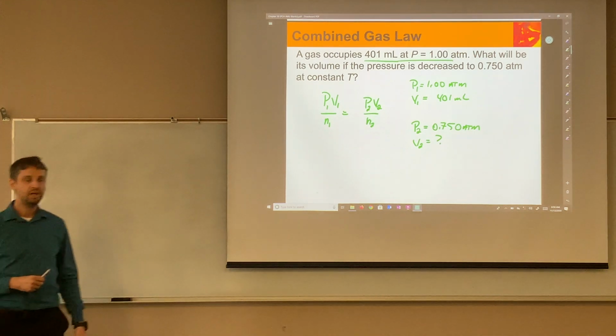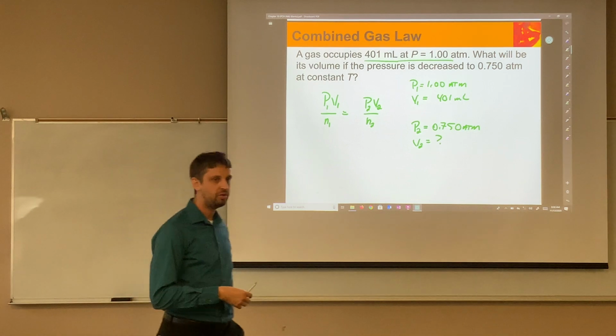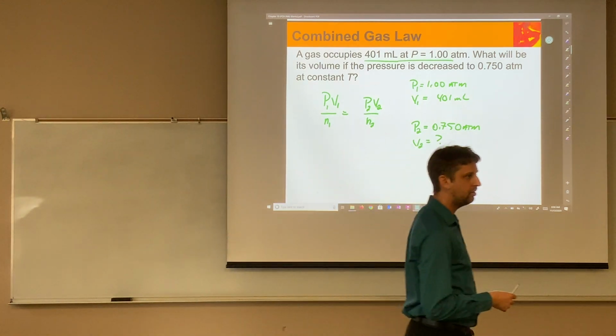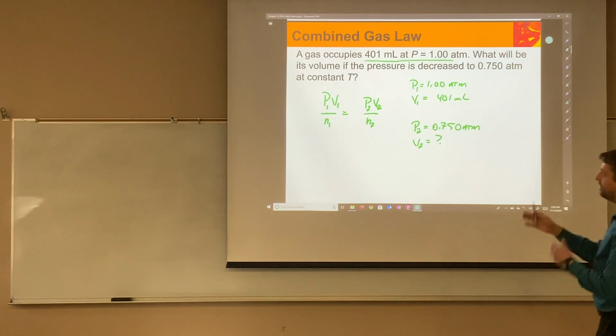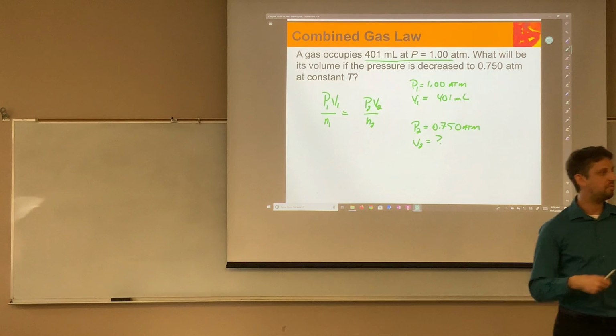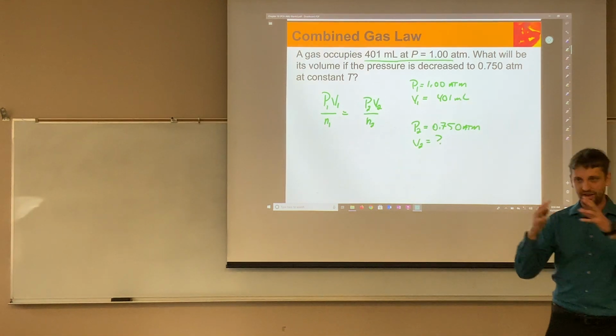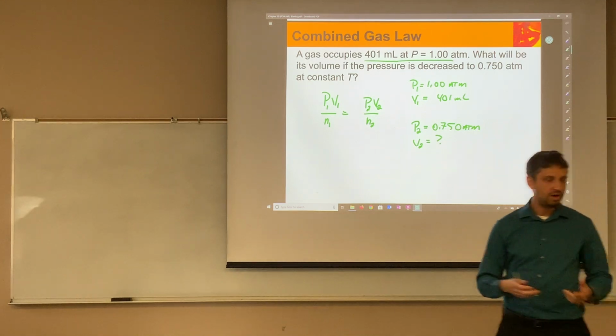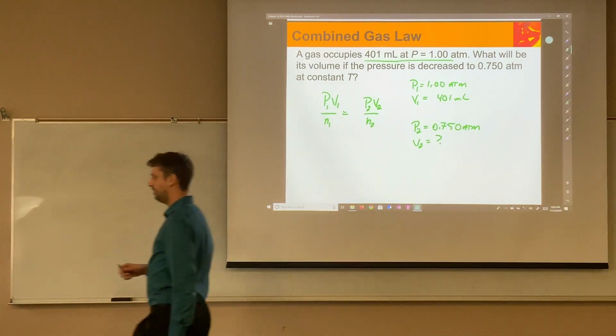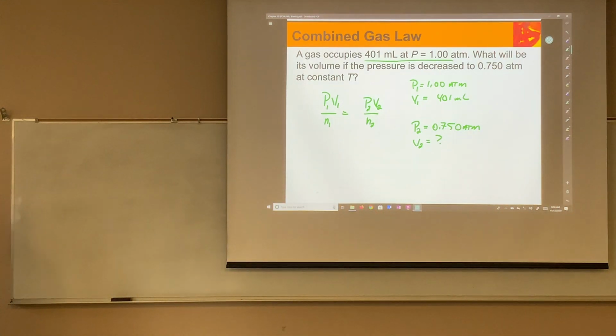Is there a reaction going on here? No. Are we adding anything into this? No. So what does that mean about our moles? They also remain constant. We just have a gas in a sealed container and we decrease the pressure. That's all it says. So that's a constant also, so we can get rid of n.